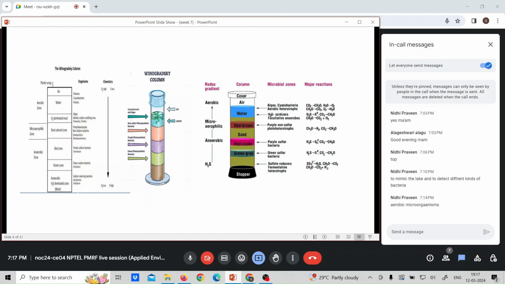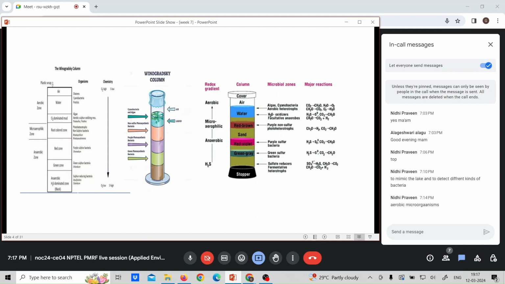Microaerophilic organisms also require oxygen, but they don't require oxygen in such a concentration as the aerobic organisms. They can survive in conditions where the oxygen concentration is a bit lower. Then what's the difference between anaerobic and microaerophilic is they cannot survive in the absence of oxygen either. They also cannot survive in normal oxygen concentration, like we say 21% of air is oxygen.